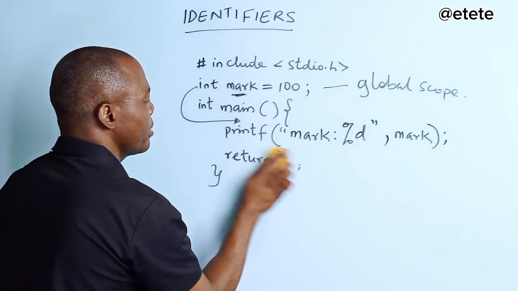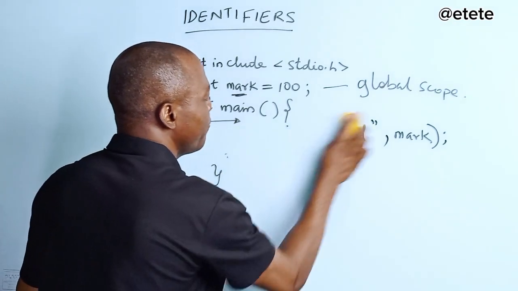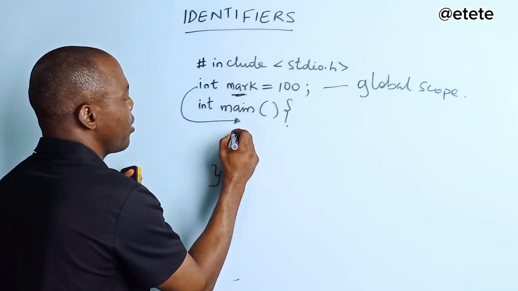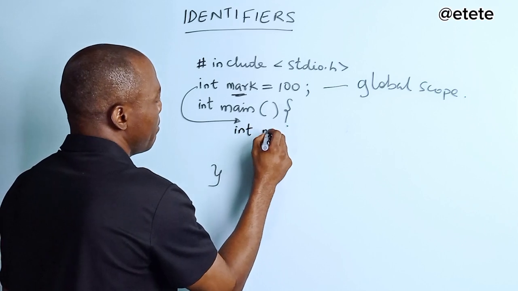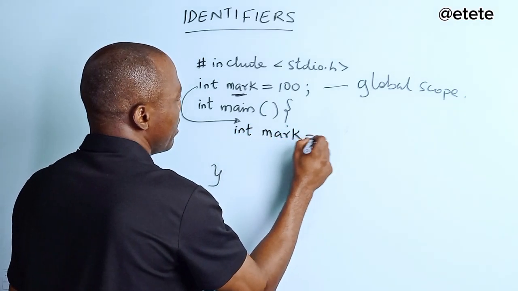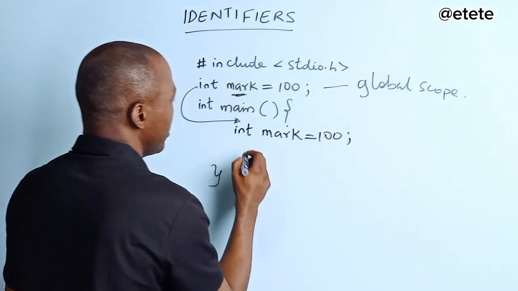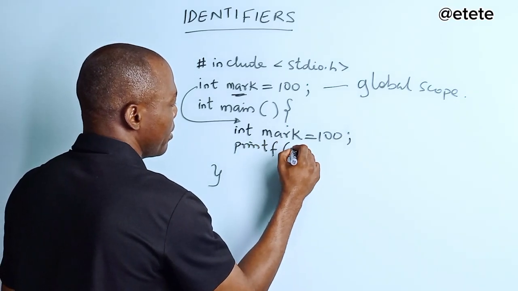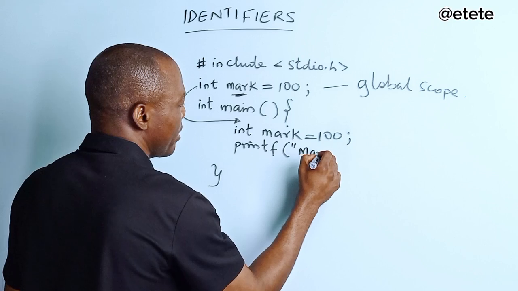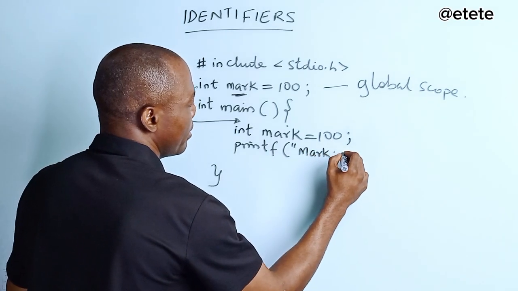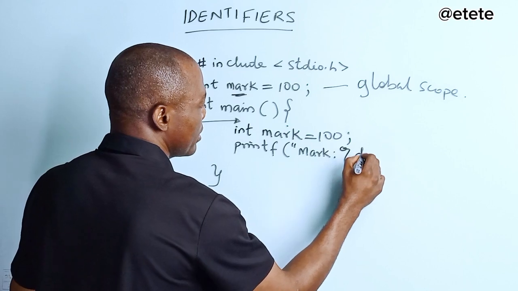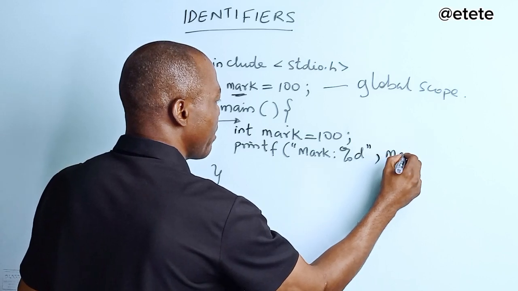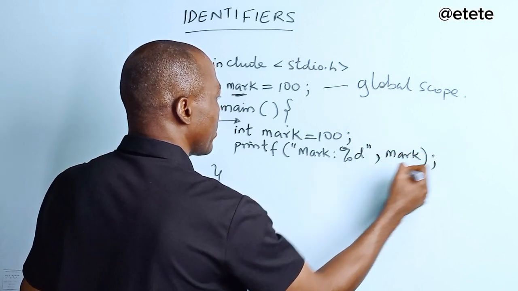Now this is a variable name. If I now decide to do this, I come here and say int mark, assign 100 to it, and then I say printf mark, then I close this, put a comma, then I put mark here, right?